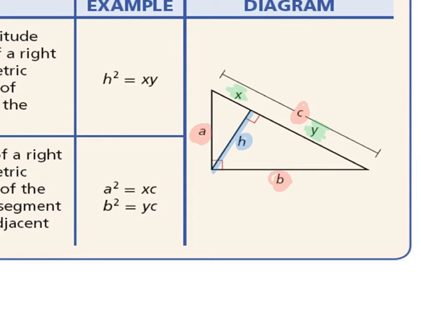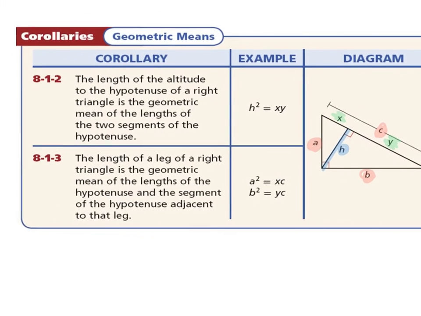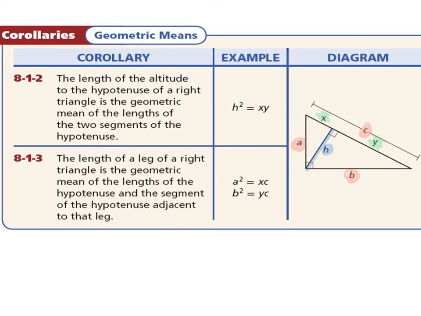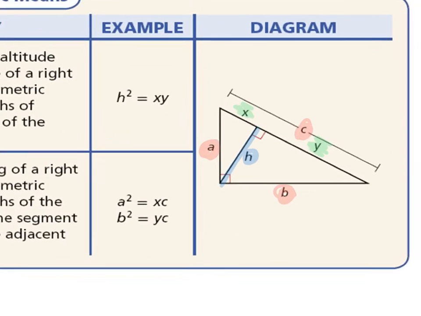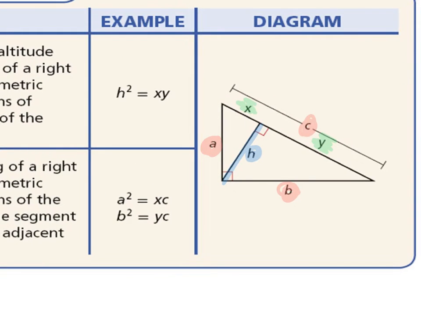The length of the altitude to the hypotenuse of a right triangle is the geometric mean of the lengths of the two segments of the hypotenuse. What does that mean? If I were to ask you to solve for side H, we could use this formula right here: H squared equals x times y. Or we can simplify that and say H equals the square root.